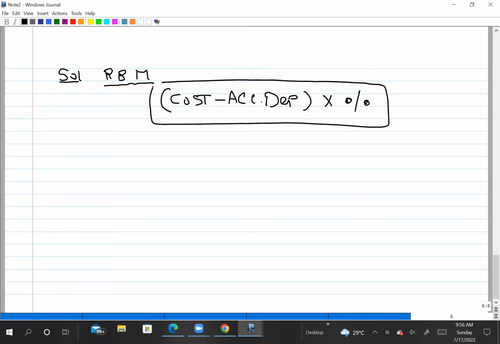And let me tell you that in this data, the depreciation rate will be 33.13%. This will be the rate of depreciation.